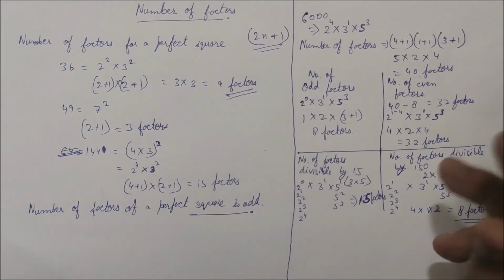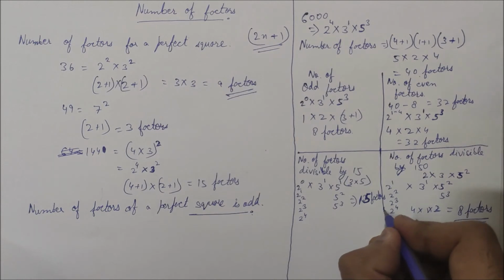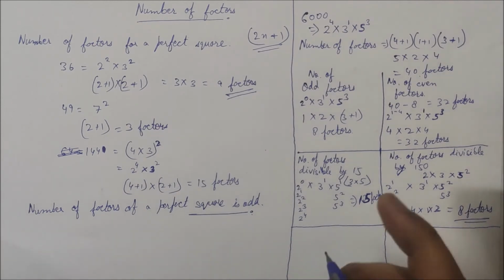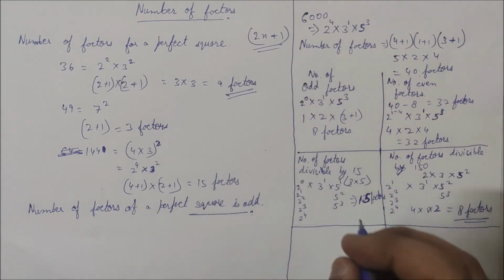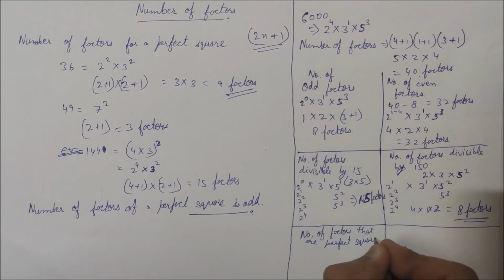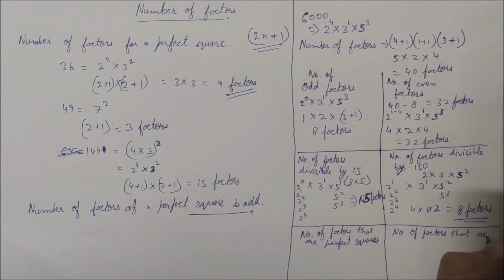Now that we have done another 2 conditions, let's move on to the last kind of conditions that we may be given. So the conditions would be number of factors that are perfect squares and number of factors that are perfect cubes.